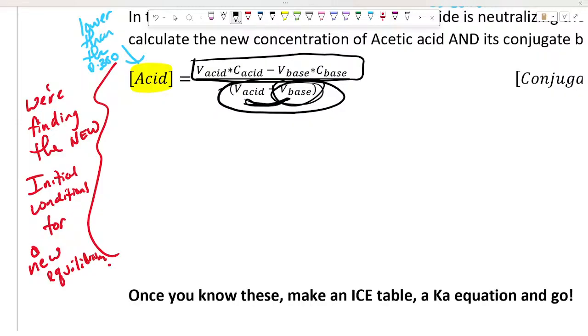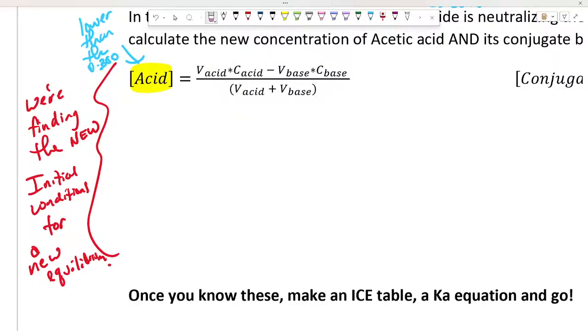Does that make sense? Sneaky math. So it's a twofer. We're reacting a bunch of it away and diluting it at the same time. This equation will actually do both those things for you at once. If I didn't give you this equation, you'd be able to figure it out if you fought with it a bit. But I don't want you to fight with it. This equation will take care of both for you. It will take care of the reaction and it will take care of the dilution. Not a horrible thing to note.